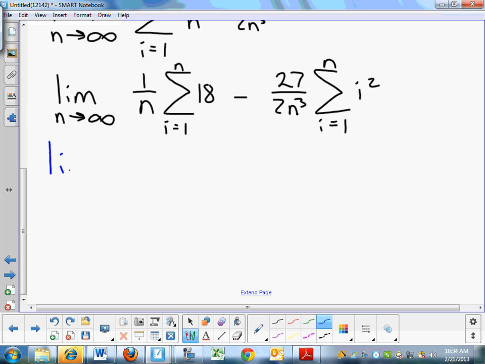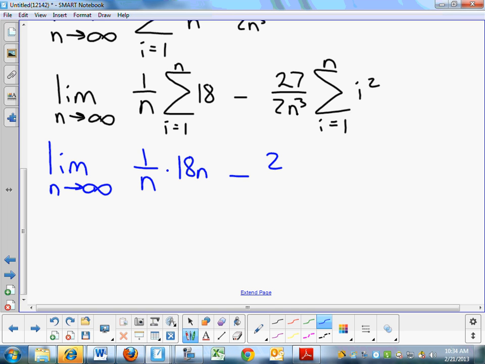We're almost done. We have the limit as n goes to infinity of, instead of this 18, I could replace it with 18n. So we have 1 over n times 18n. 18 is our constant, and we're adding that up n times, so we'll get 18n. You can see what's going to happen with the n's.